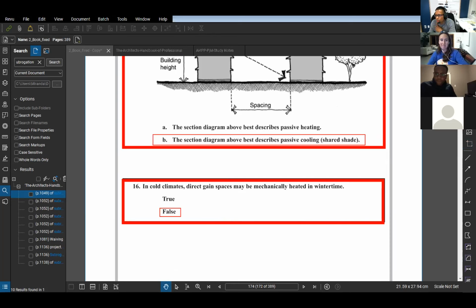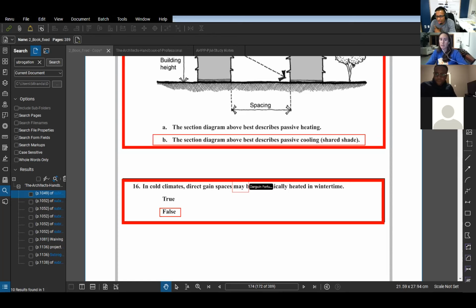I mean, it's cold. You're going to have to heat it with a mechanical system, right? Yeah, I think I read the question oppositely. But if it's direct gain of the sun, you won't have to heat it as much. But they also say it may be done in any way you want.